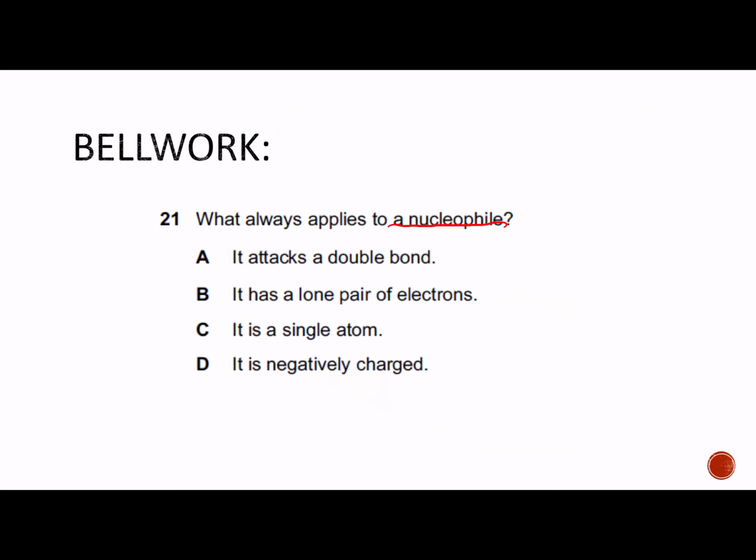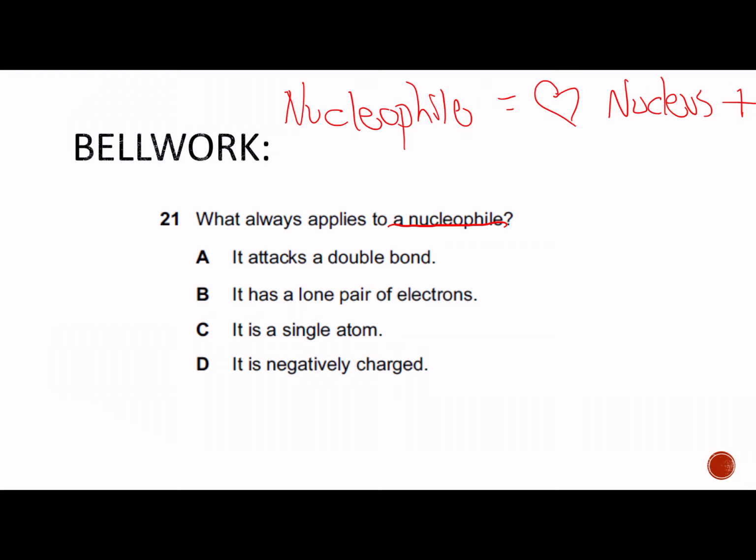So if you remember from organic part 1, a nucleophile is a lover of the nucleus. And what we know about the nucleus is that it is positive in nature. So therefore, the identity of a nucleophile is that it would be negative in nature.